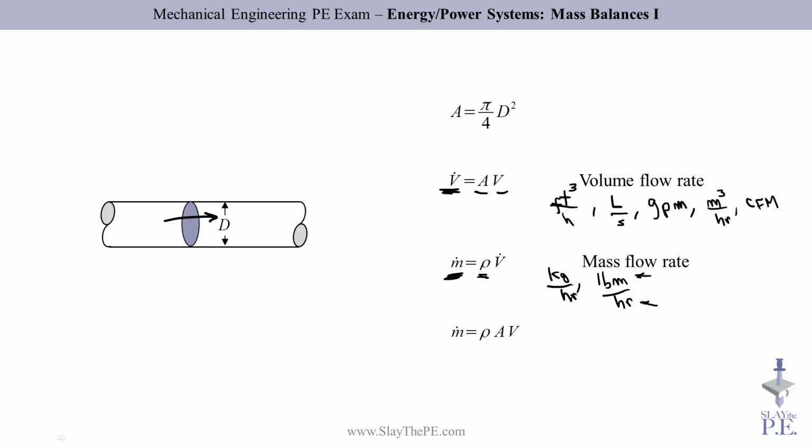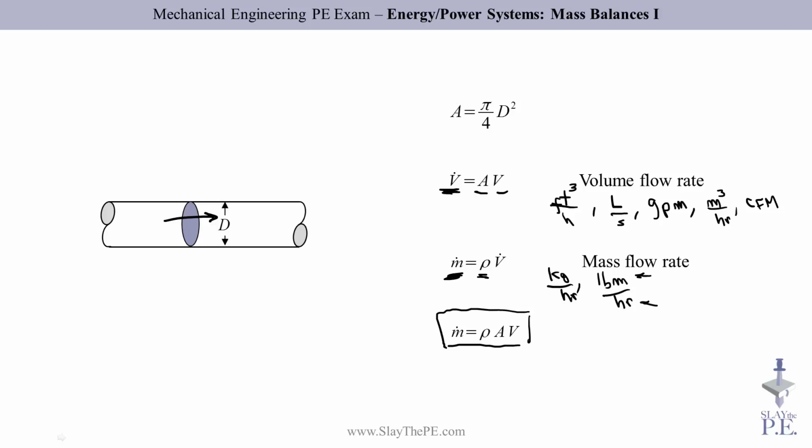All right, so that's mass flow rate and volume flow rate. And then there's this important relationship between mass flow rate and average fluid velocity. This is one of the equations that is really worth memorizing for the exam. The mass flow rate is the density times the cross-sectional area times the average fluid velocity, V.